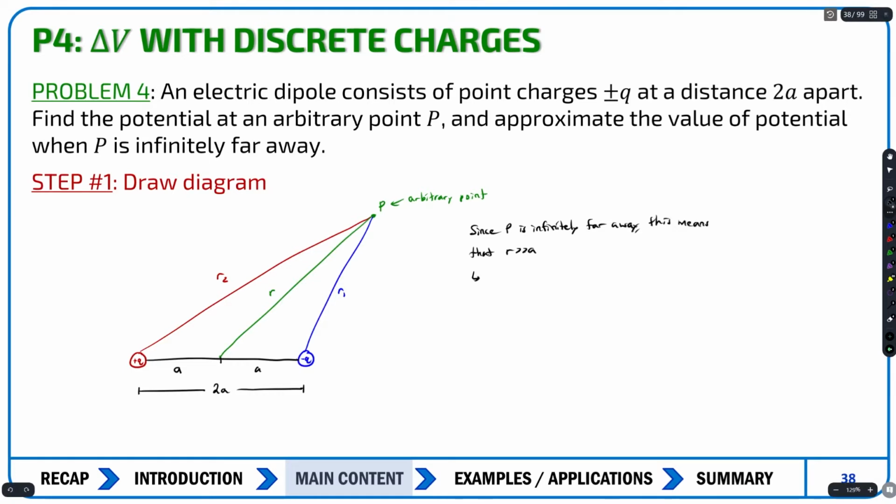Because we can make that assumption, both the triangles should be identical. I'm just saying the one created here and also the one created here should be fairly identical if P is infinitely far away. So then what kind of triangle can we make from this? The other thing to consider would be this.